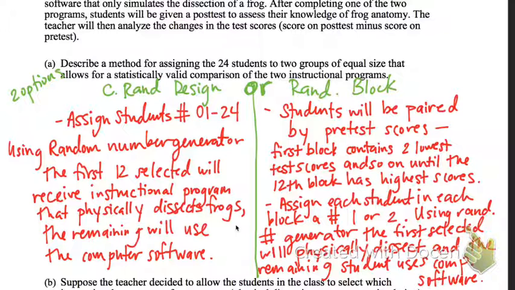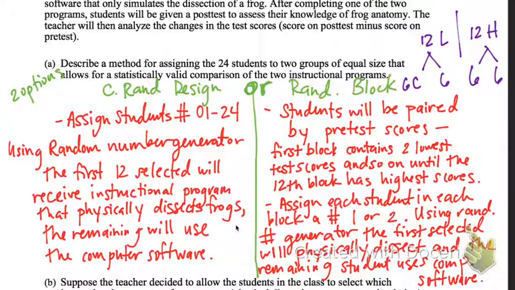If you did half and half, you would do the 12 lowest and the 12 highest, split them in half, and then from there, 6 would get the computer, 6 would get the physical, 6 would get the computer, 6 would get the physical.